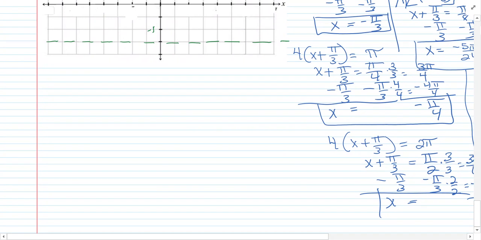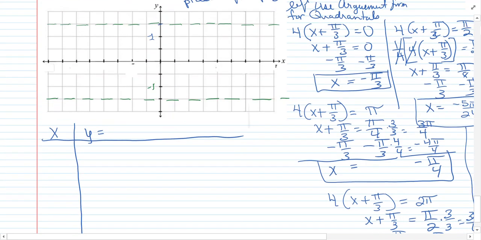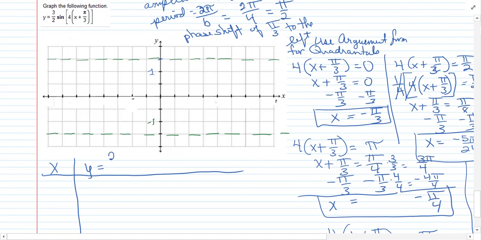So now I'm going to make my t-chart. And we're going to do a lot of math here because we know y equals 3 halves, which is 1 1/2, sine 4 parenthesis x plus pi thirds.